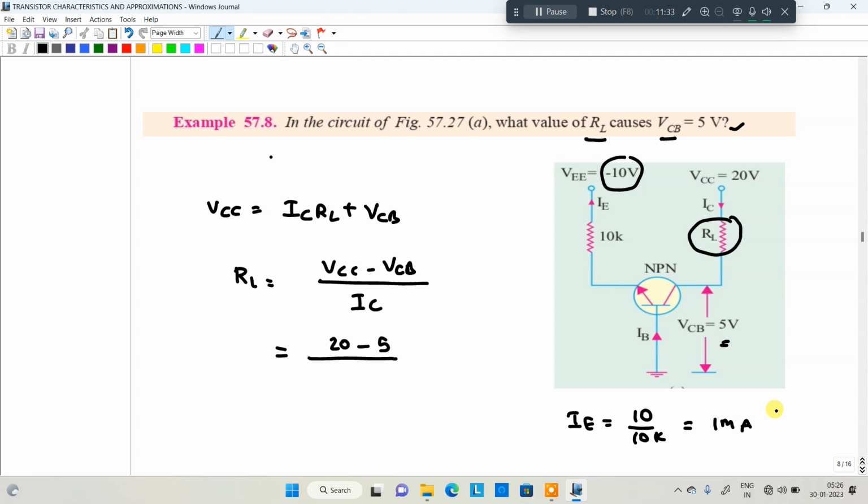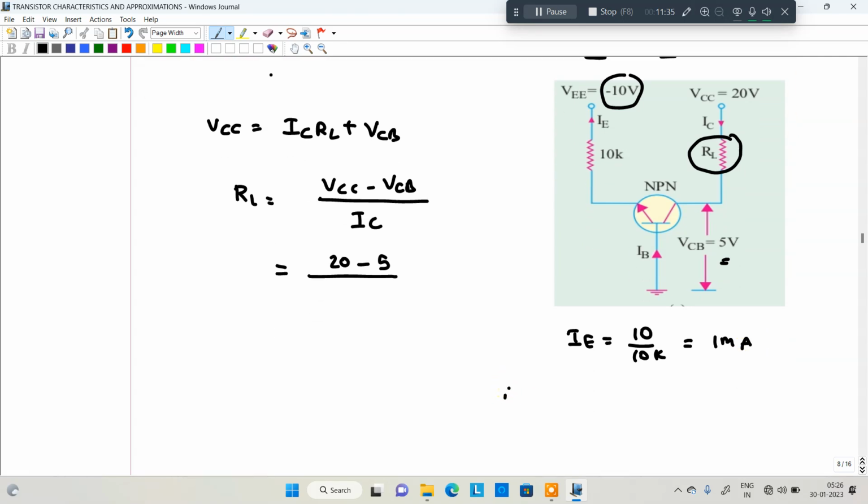Once you get IE as 1 milliampere, IC is equal to alpha into IE. Alpha, they didn't mention any value, so I can take approximately 1. Then IC is equivalent to IE, that is 1 milliampere, you can take directly. So from that it is 15, RL is equal to 15 kilo ohms. That is the RL value.